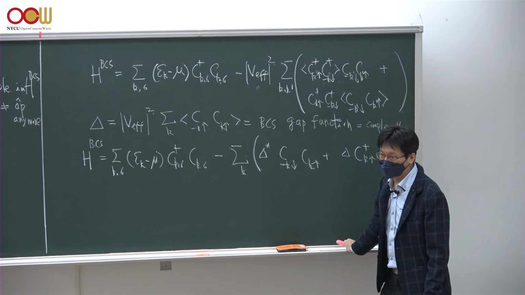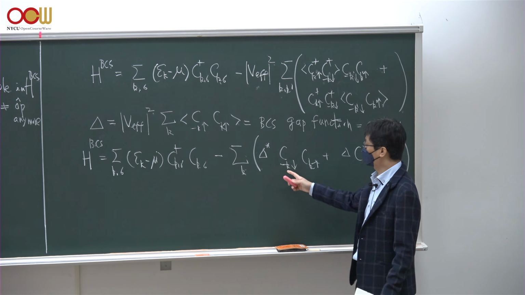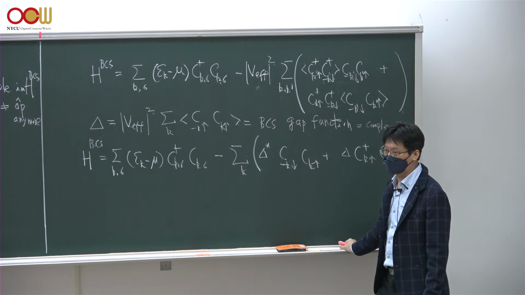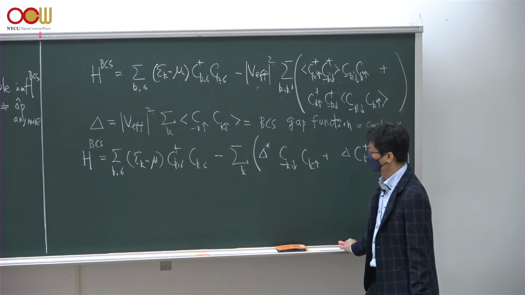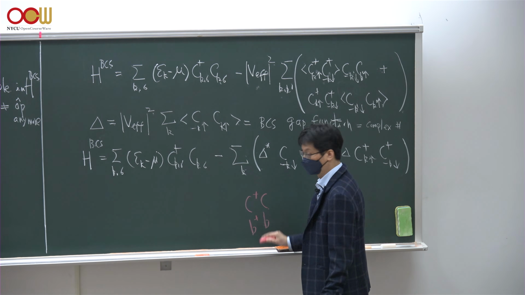And this is a new type of Hamiltonian that we haven't studied before. The reason is that all the Hamiltonians that we studied so far are quadratic in operators, and the quadratic is always in the form of c dagger c or b dagger b, right?